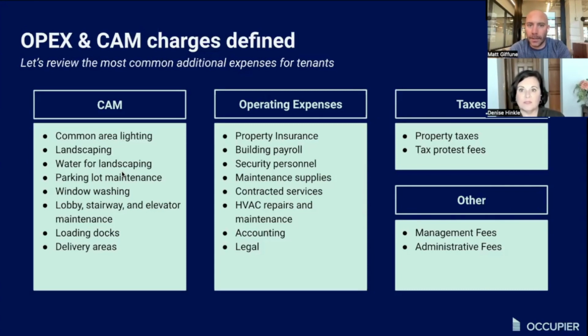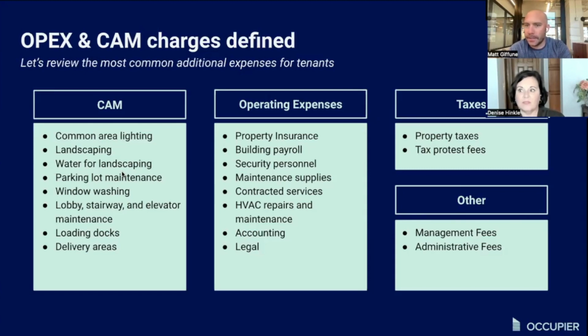Because, as we're going to get into later, all of the bills you're going to be charged are retroactive, so you really have little control over what the landlord actually does throughout the term of your lease. It's just a matter of where the checks and balances are that you can build into your negotiation so that you have some control over what those expenses are.